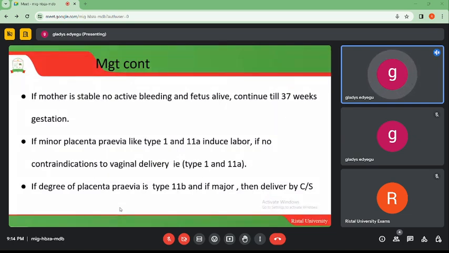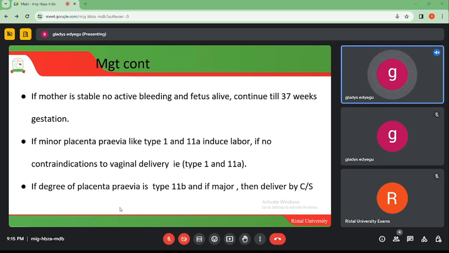Then type 2B is when it is actually above, and there we can tell the mother not to deliver normally. Type B is the major one, because the placenta can easily separate.